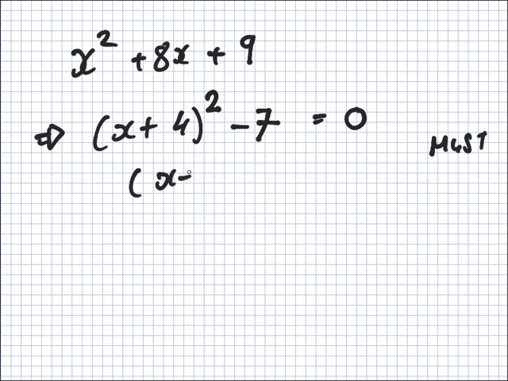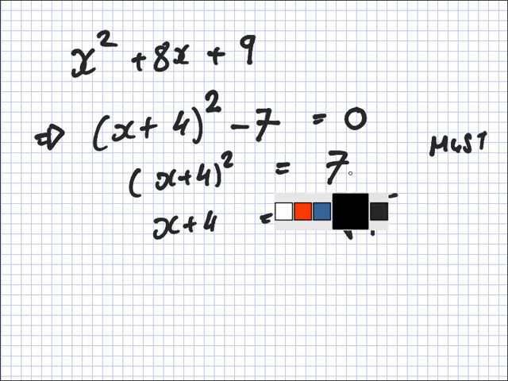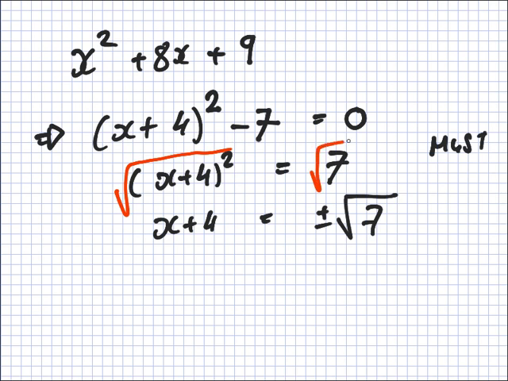So what you must do is bring the 7 over to the right, and then you square root both sides. So you put a square root on the left and on the right. So then you get x, bringing the 4 over, equals minus 4 plus or minus root 7.